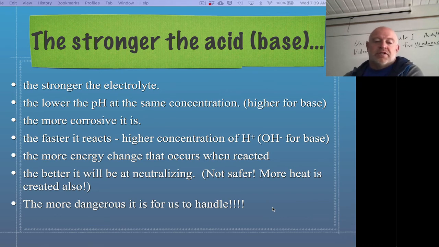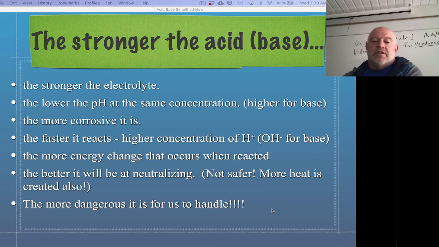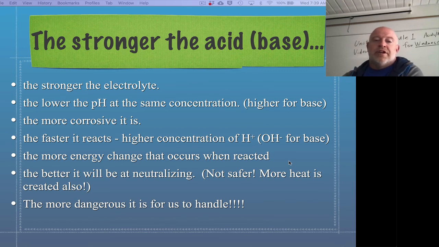I have a buddy who does this out in California, and he's walked into companies and said, well, you're using this acid, this strength of acid, your employees have to have face masks, gloves, full suits, that kind of stuff. But then he'll say, if you switch to this acid, it can still accomplish the same thing you wanted chemically, and now all they need to wear is safety goggles and gloves.